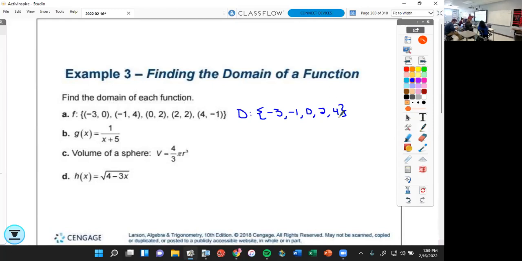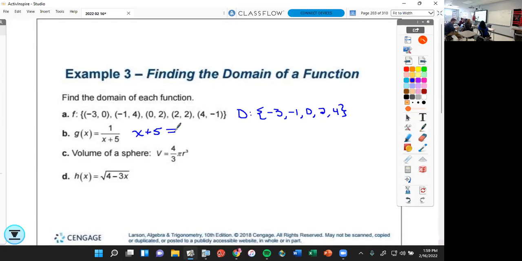So what can you not divide by? 0. Because you can't divide by 0. Here's my function. Before I do anything, my domain is all real. But I can't divide by 0. So I know that my denominator is x plus 5.